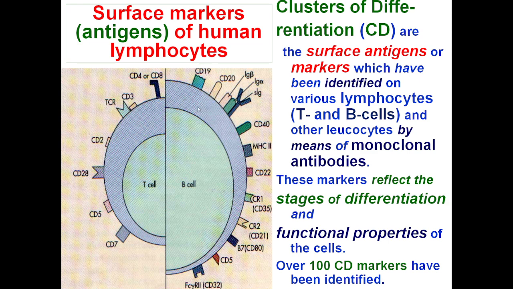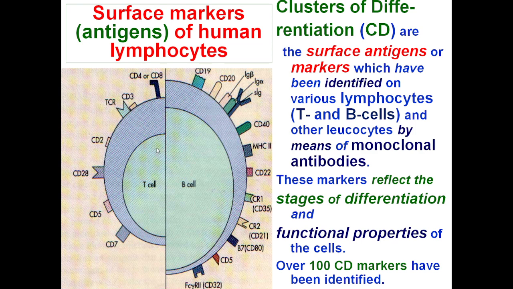Receptors of B lymphocytes range from CD19 to CD22: CD19, 20, 21, and 22. Also the immunoglobulin antibody, the B cell receptor, CD40 receptors, MHC2 molecules, and CD5, which are common for T lymphocytes and some of the B lymphocytes, and many other receptors.